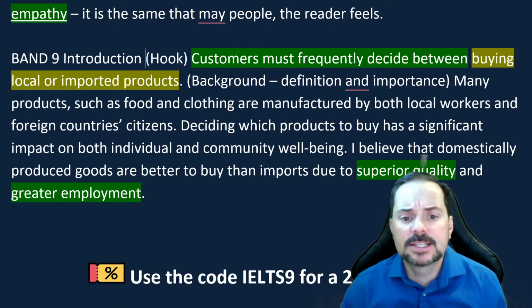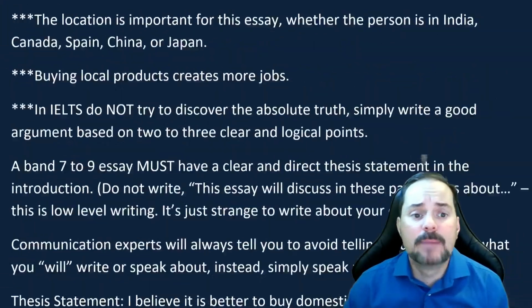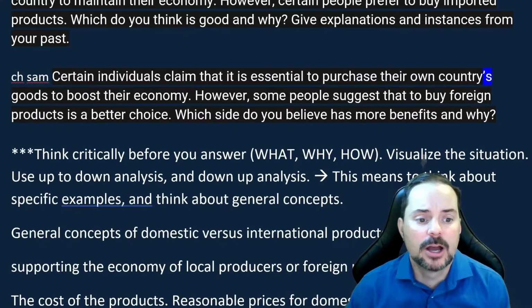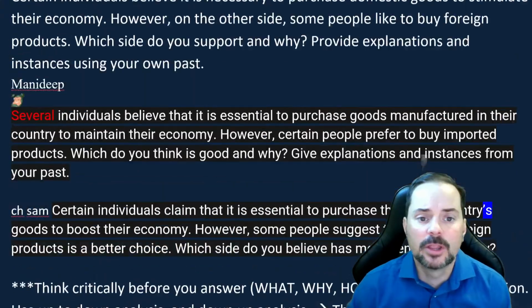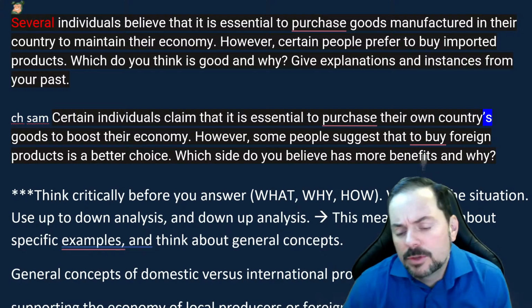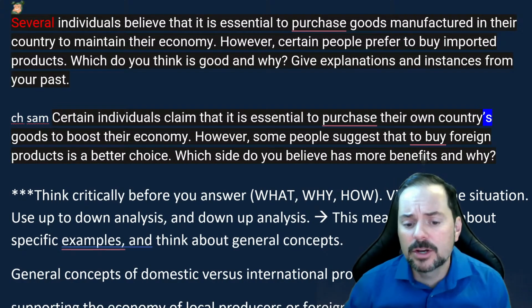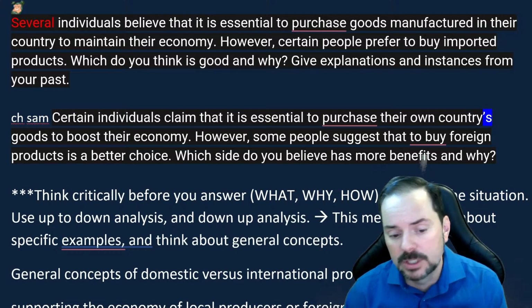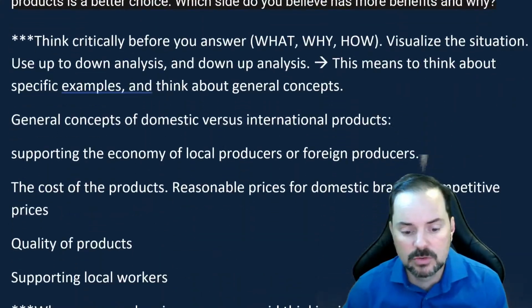So obviously this introduction is much better than a Band 6 introduction, which is just a paraphrase with this essay will. And I'll show you that just for interest's sake, because I know a lot of you are like, well, this is what my teacher told me and it'll get a good band score on the IELTS, but it won't. And if you did this before in the IELTS, you know it doesn't because you realize you didn't get a good score.